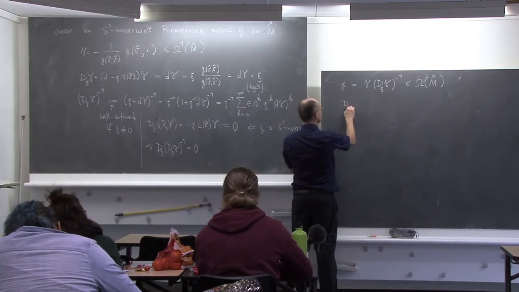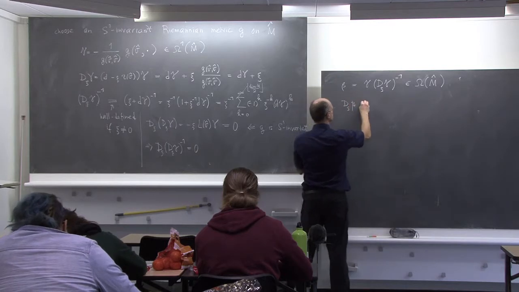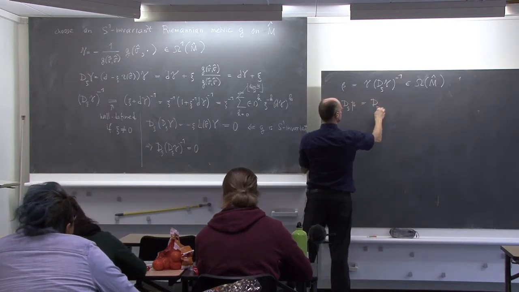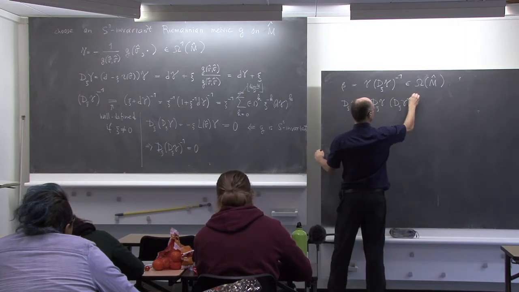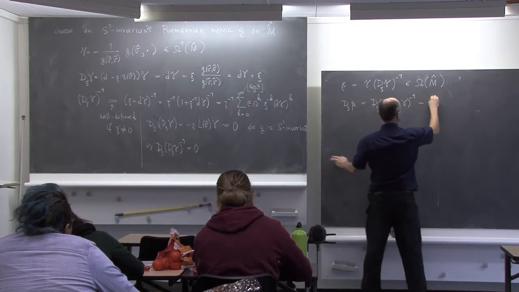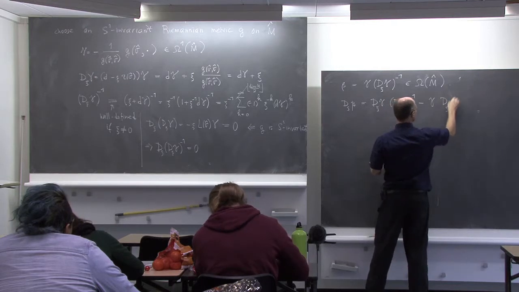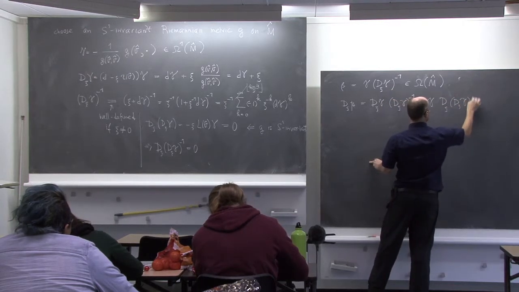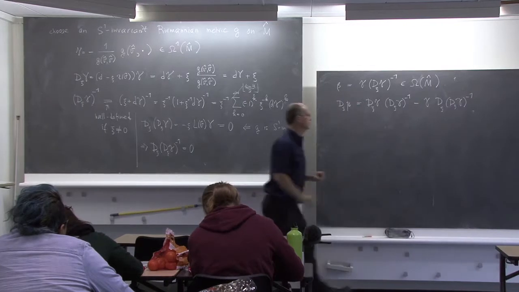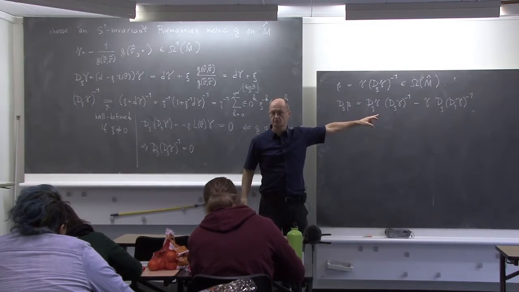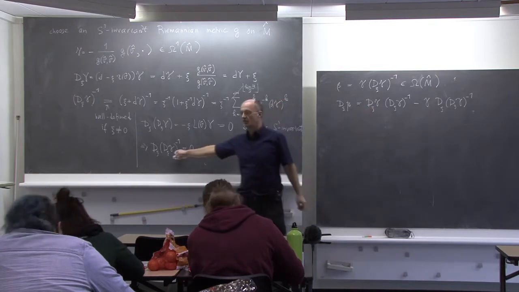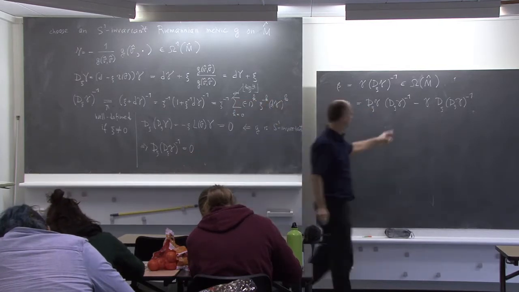And notice that d_ψ β is equal to d_ψ γ times (d_ψ γ)^(-1) minus γ d_ψ (d_ψ γ)^(-1). So the second term vanishes because d_ψ of (d_ψ γ)^(-1) we decided was 0.